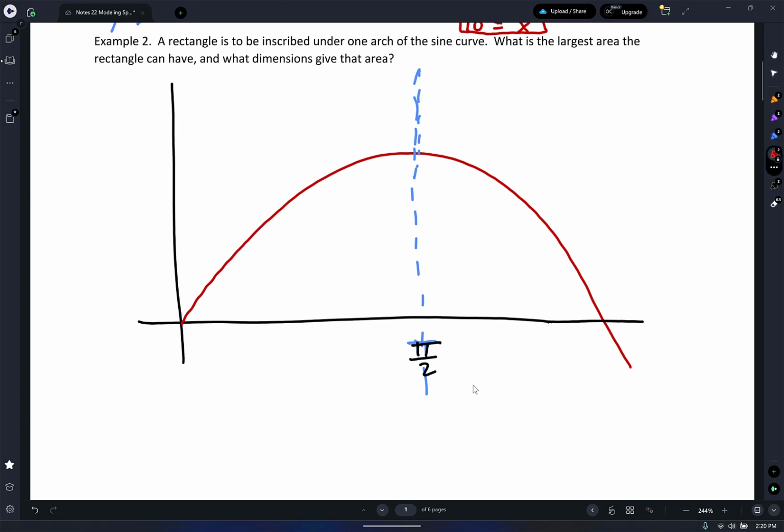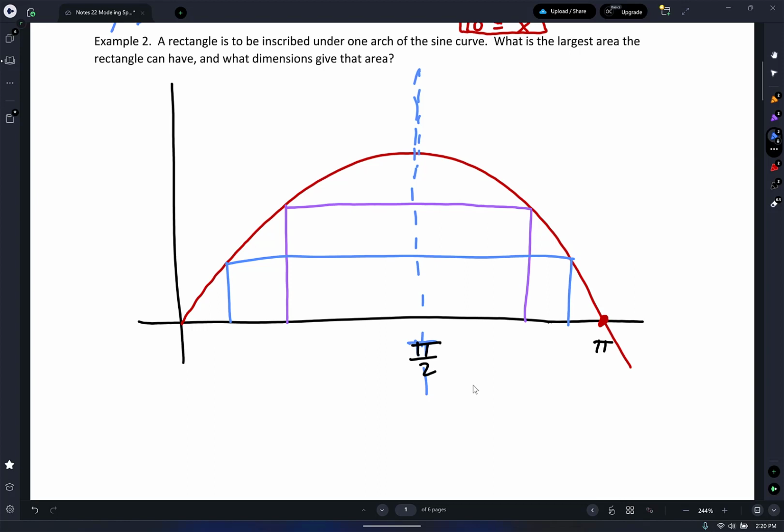And I know this point right here is pi. Here is my rectangle. I can draw a rectangle however I want. I don't have to draw that rectangle. I could have drawn it right here like that as well.